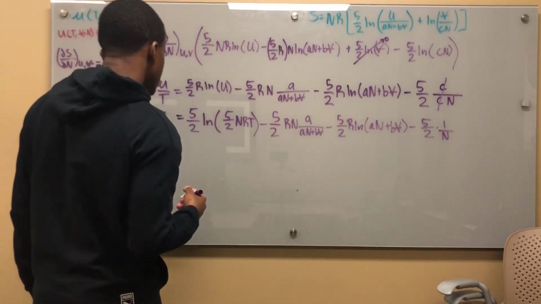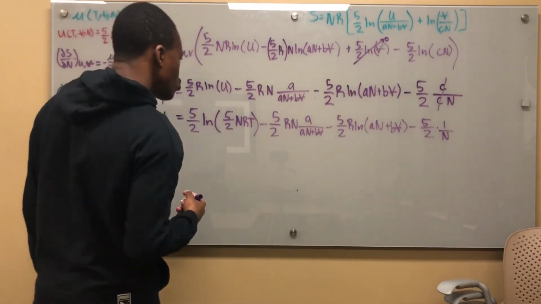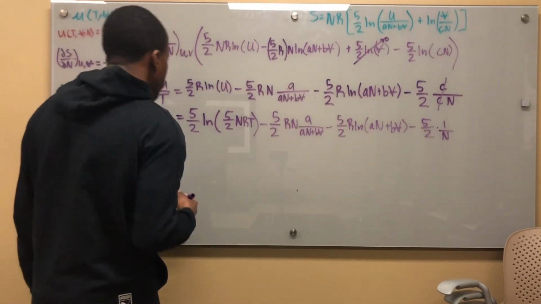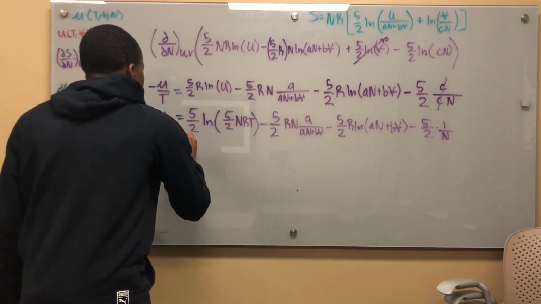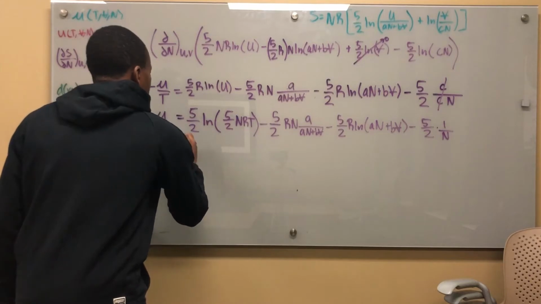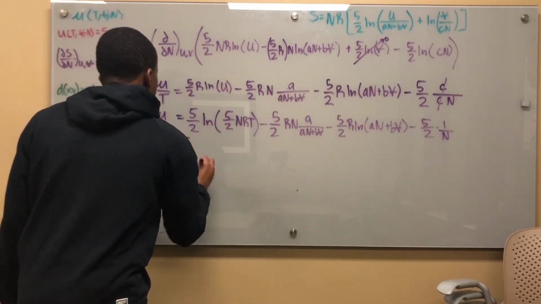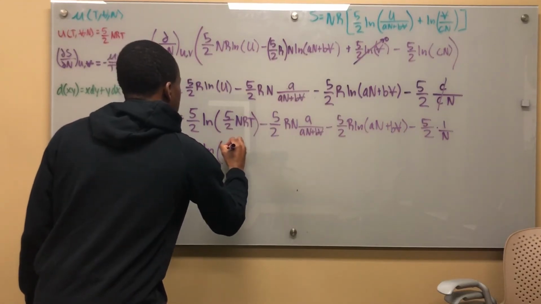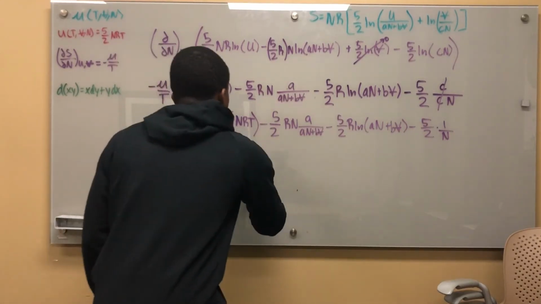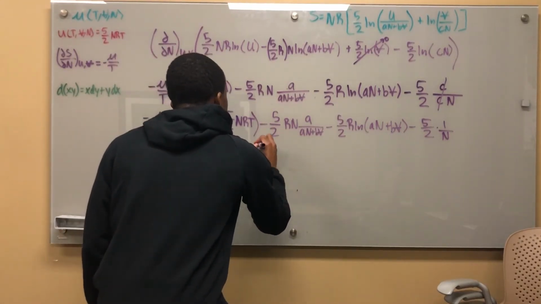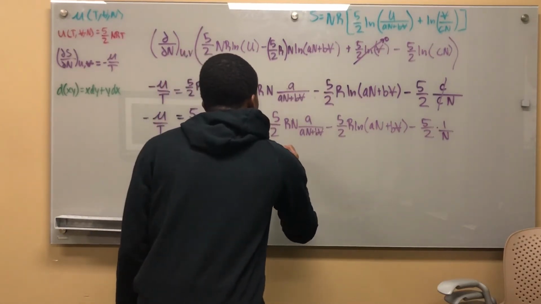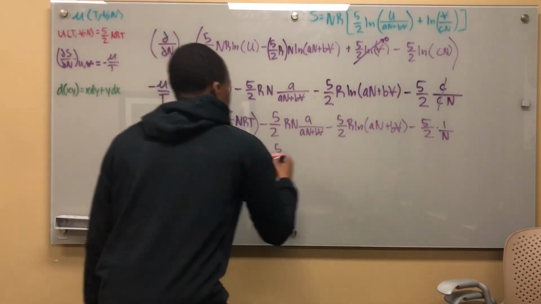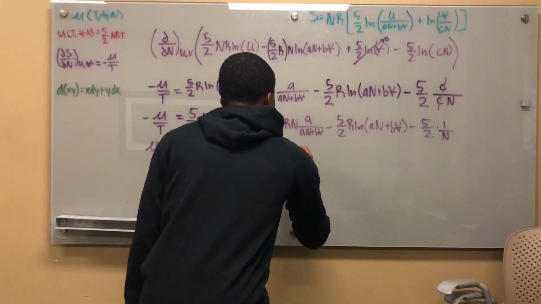So that's gonna be -5 over 2 T ln 5 over 2 nRT minus 5 over, plus, because of the negative sign, right? Minus 5 over 2.